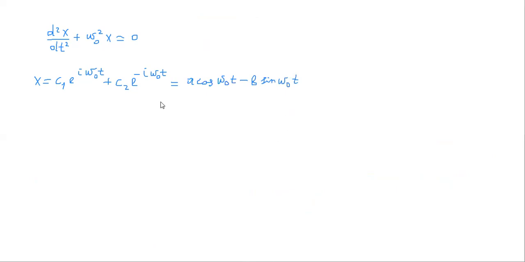To do this, let's do the next transformation. Divide and multiply by this square root, the square root of a squared plus b squared.